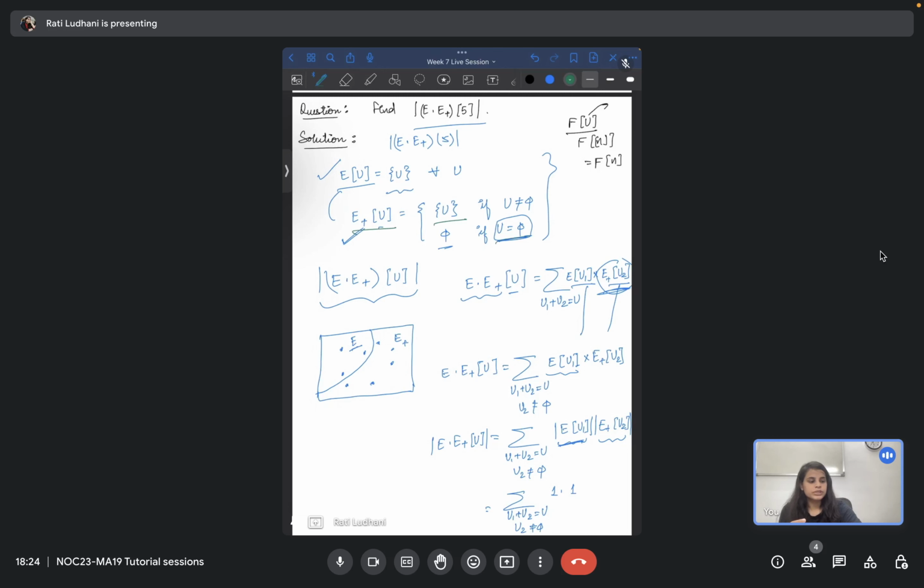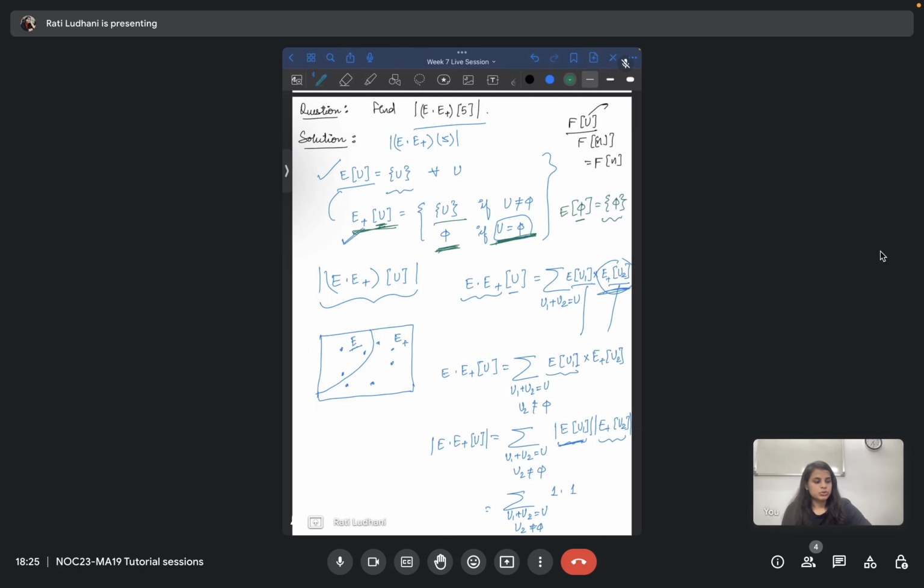The difference is only for the empty set. The E plus structures on the empty set is empty, but if you take U to be phi here, E of phi gives you a singleton set which contains phi. So this is still a set. So there is one structure on the empty set, but E plus says there is no structure on the empty set. So that is the difference.